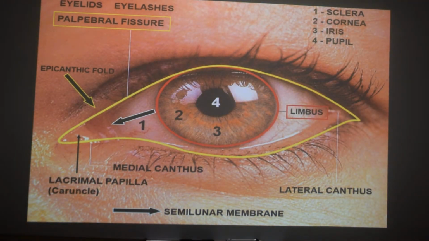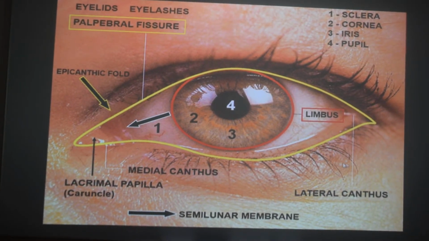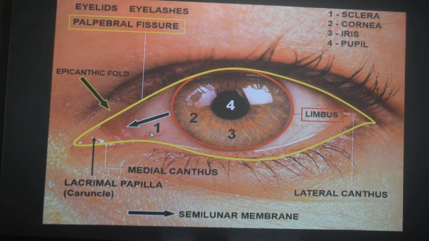So we start with the way the eye looks to us. So what you see here, which is labeled as number 1, is the white portion of your eye. And this white portion of your eye is basically the sclera. And then you can see the number 2, which is the transparent, more convex portion of the eye in front of that white area.